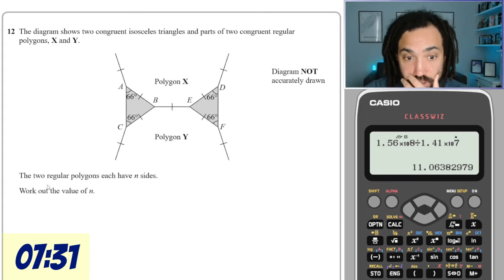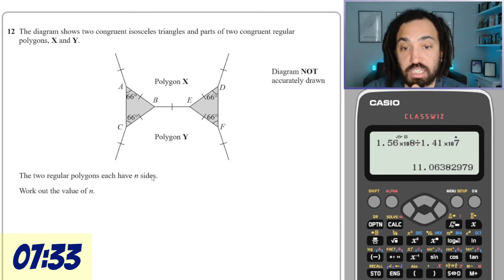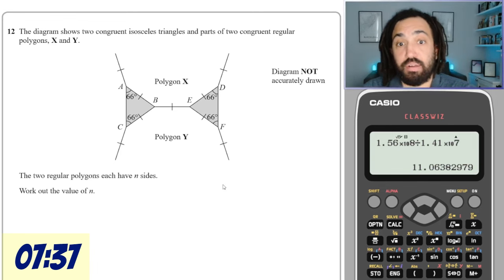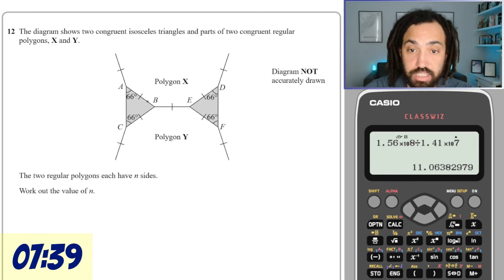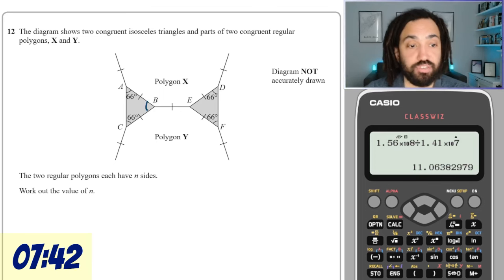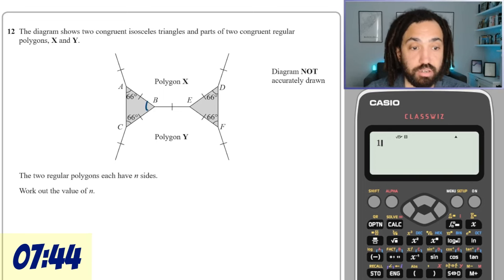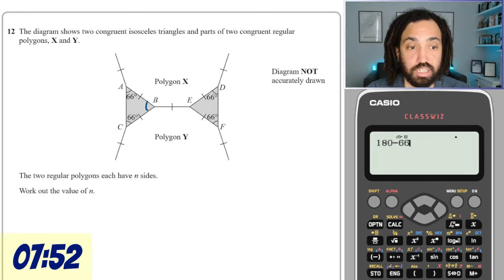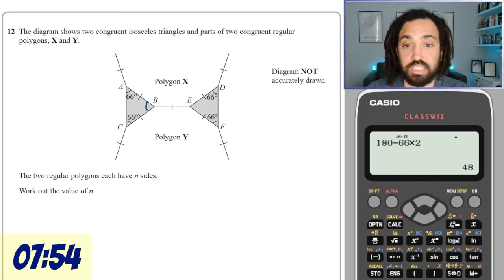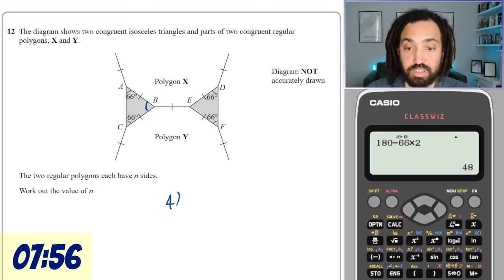Two regular polygons each have n sides. Work out the value of n. Let's find this angle in here first. It's a triangle, so 180 minus 2 lots of 66 gives me 48.